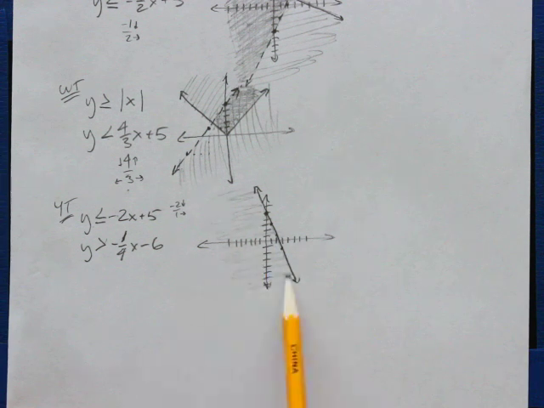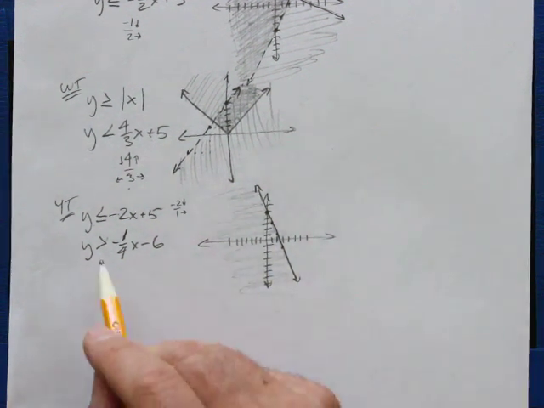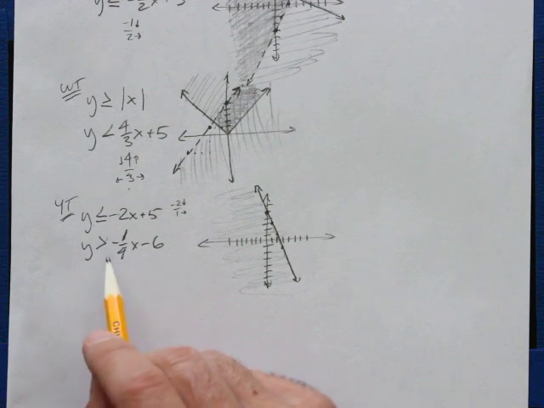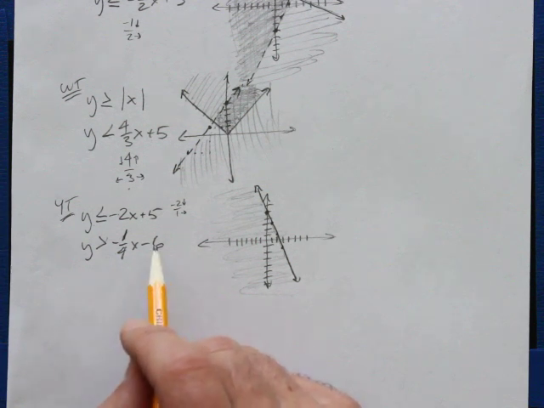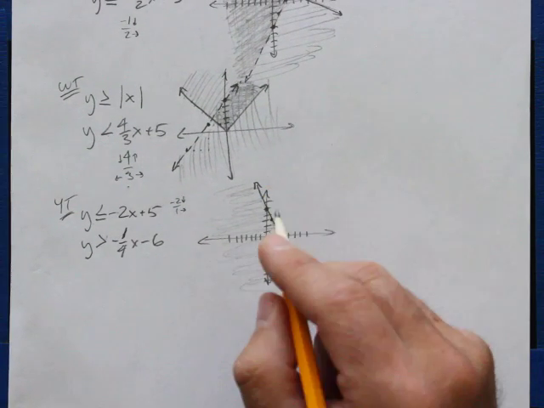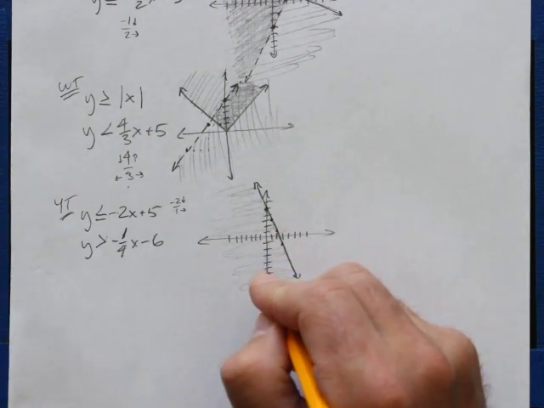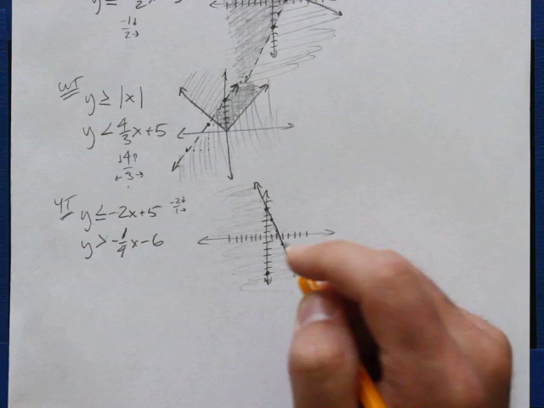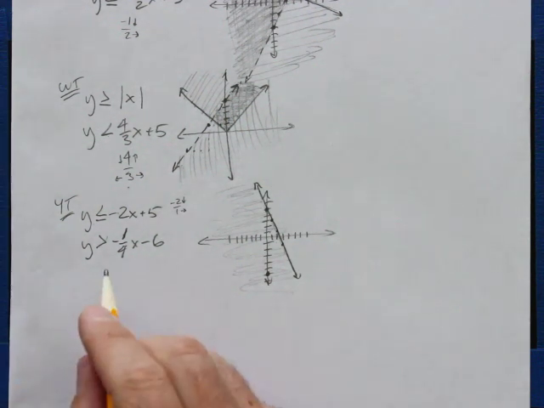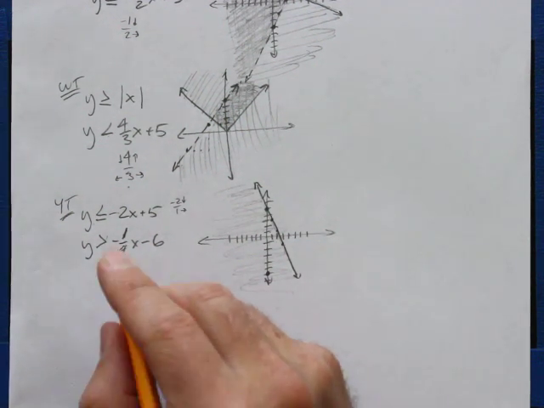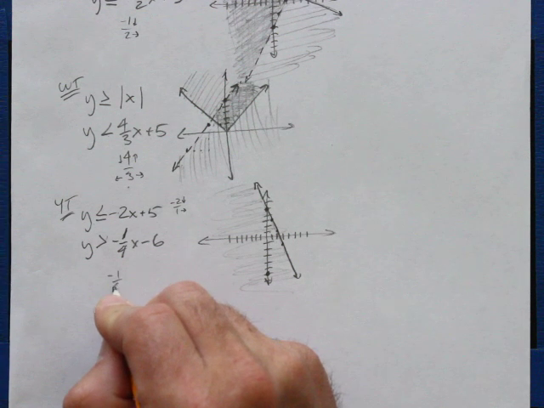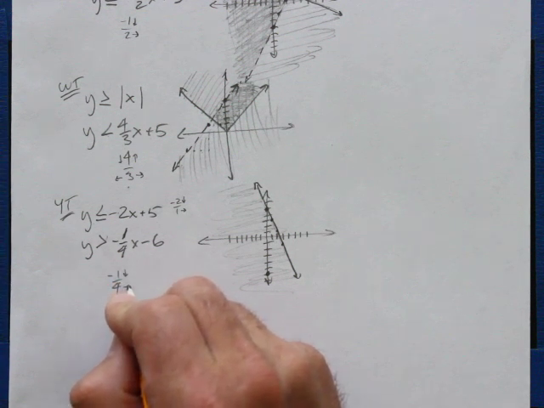Now, I'm going to do this line, and I go to negative 6. 1, 2, 3, 4, 5, 6. There's my y-intercept. And then this one, my slope is negative 1 over 4. So I'd be down 1 to the right 4.